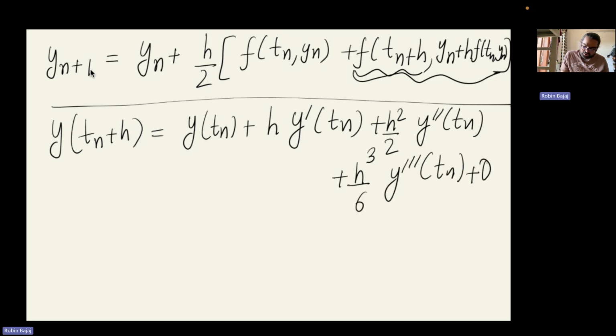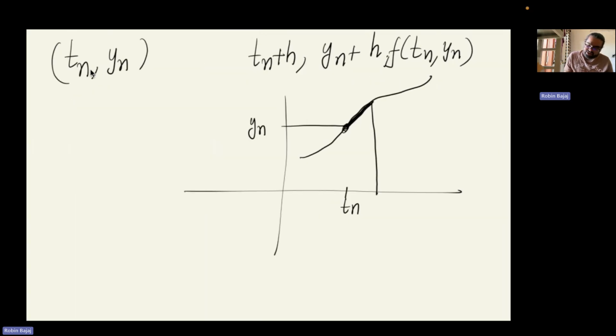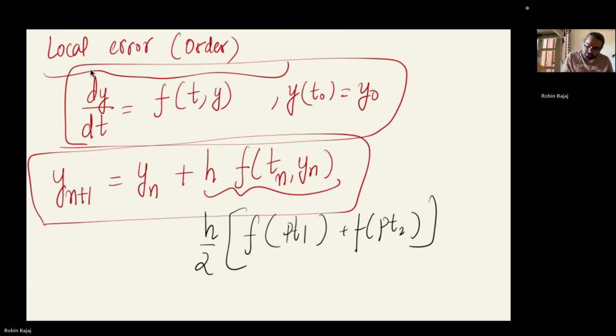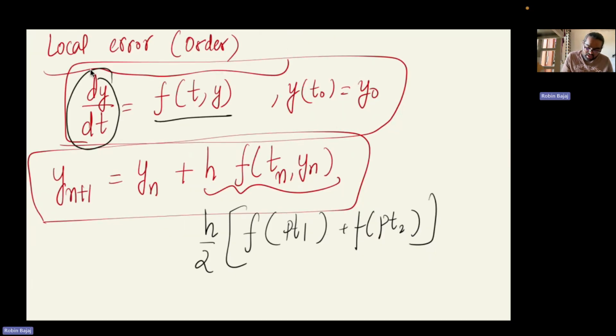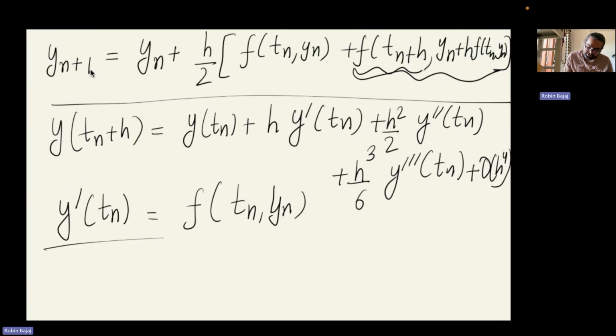Let's write the other orders as just this; we might need them later. Now I'll substitute the y derivative at t of n by f of t of n, y of n, because our differential equation was y derivative is equal to f of t comma y.